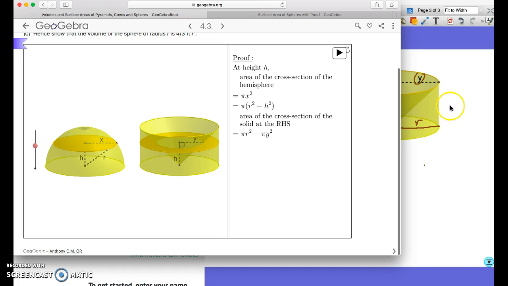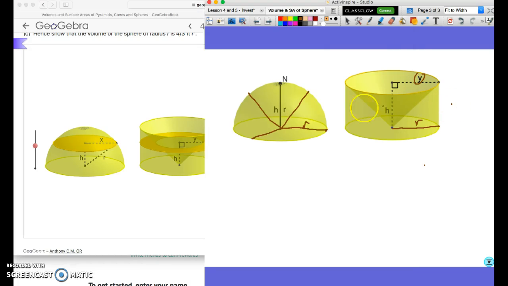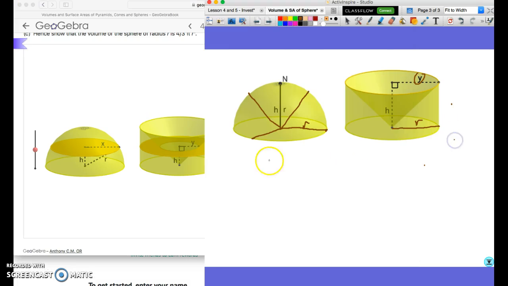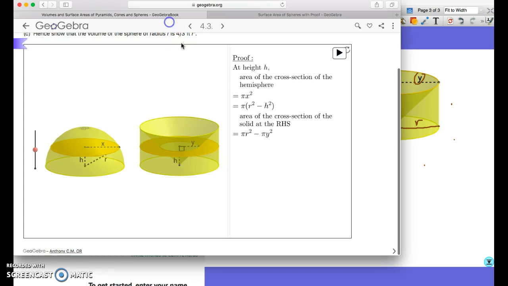But I do want to make that connection initially, because when we talk about the ring, we're going to use the outer circle of the ring, and the outer circle of the ring does actually match the base. To get the area of the ring, I'm using the outer circle minus the inner circle. The outer circle's area is pi r squared.